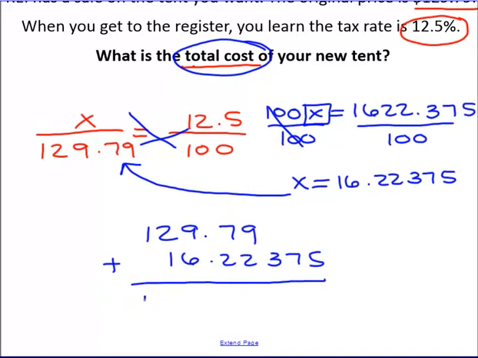And I'm going to get 146.01375. Now, that's not an acceptable way to write money. I can only have it up to 2 numbers after the decimal. So this 3 is going to tell the 1 to stay exactly where it is, get rid of the rest. The total cost for the tent is $146.01.